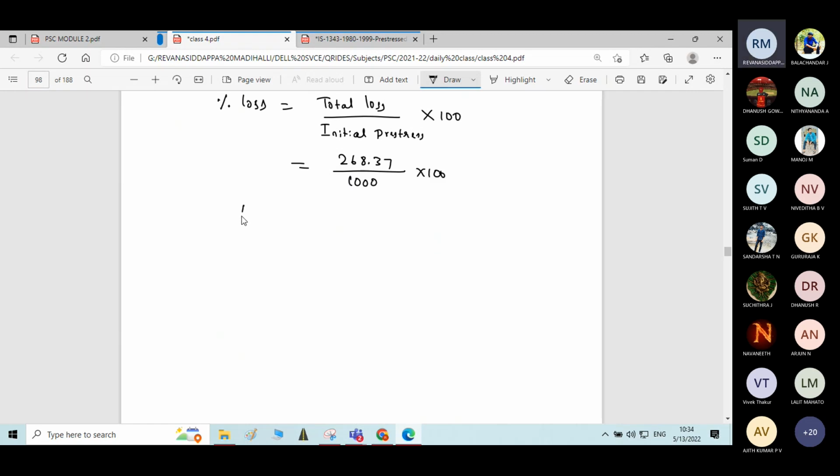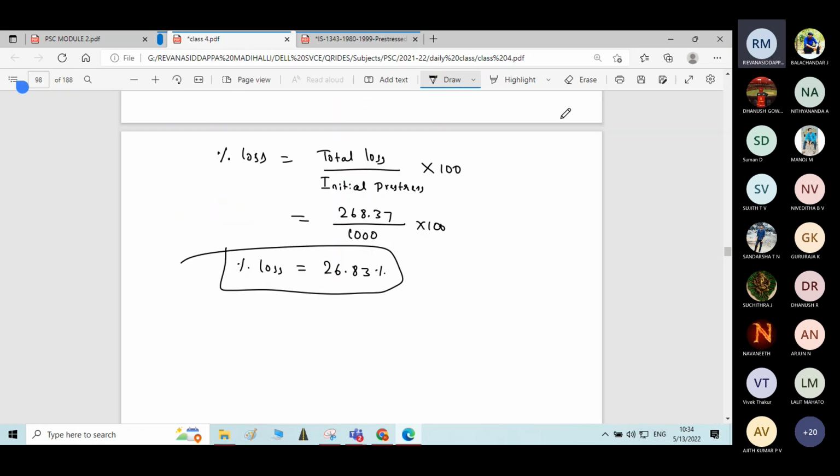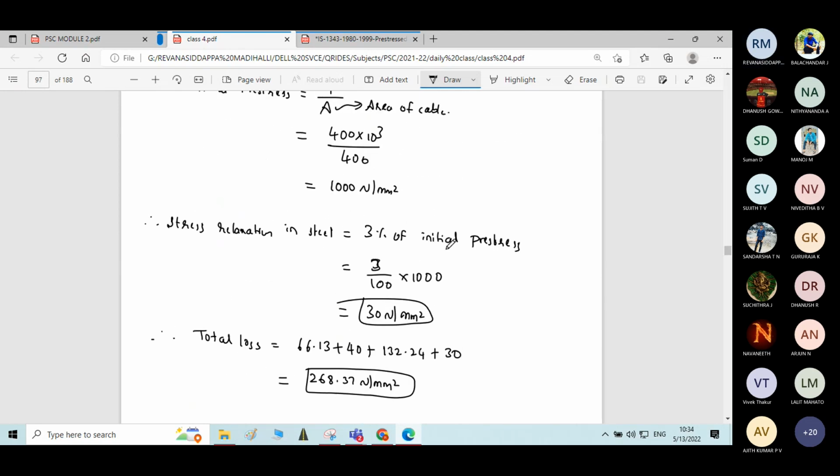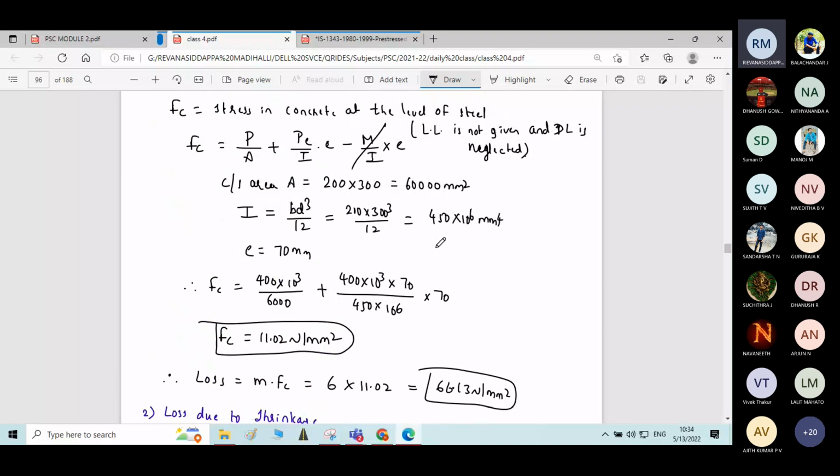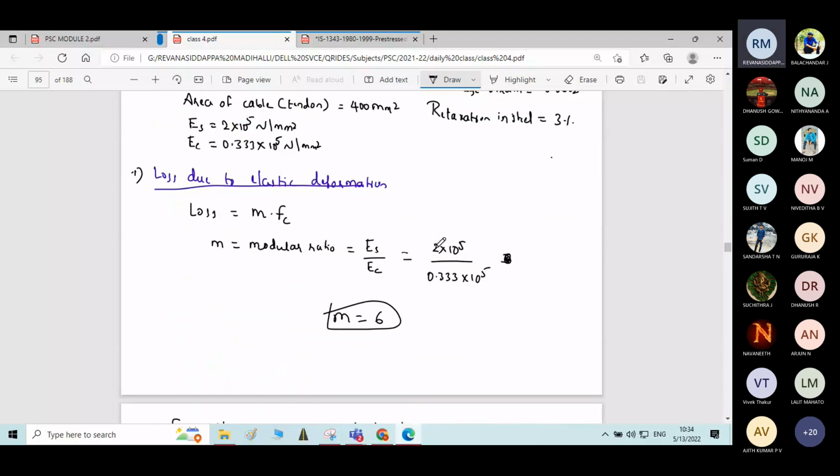So by this you'll get the percentage of loss as 26.83%. This is the total percentage of loss in the pre-tensioned concrete member. Any doubt in this calculation? Any doubt in this problem, you can ask.